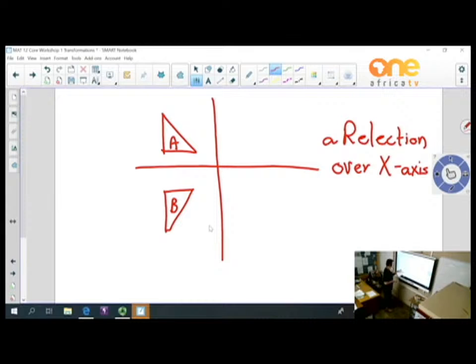Then the next one, draw the rotation of A about the point 0, 0, 90 degrees clockwise, and label it C. So now I have to rotate this one to be here, about that point. Now what we do is join one point and the center. Then it is a good thing to trace it.